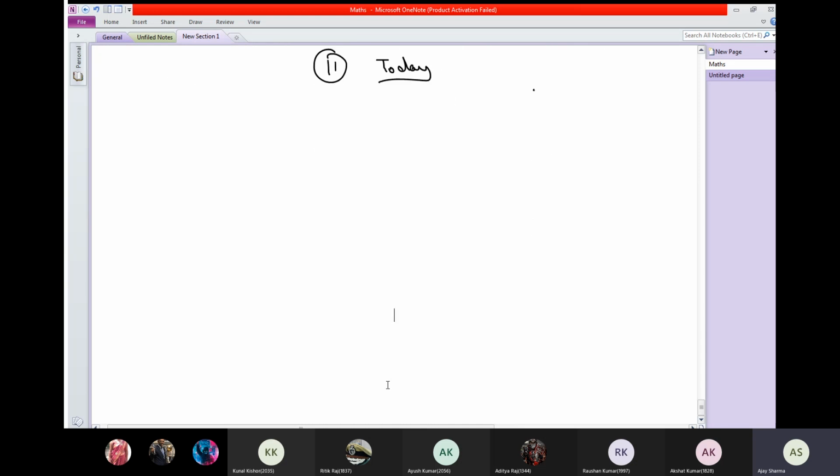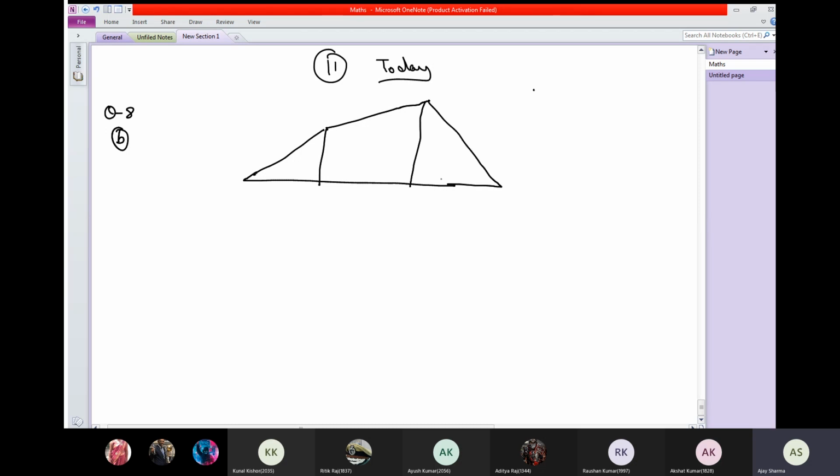First draw the figure. Question number 8 part B. You are given a triangle. This one is the triangle. And there is a trapezium and then there is another triangle.